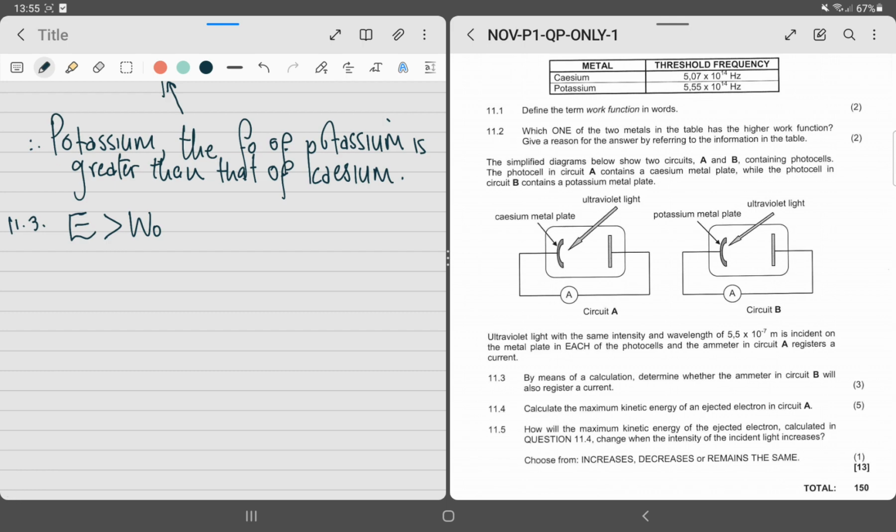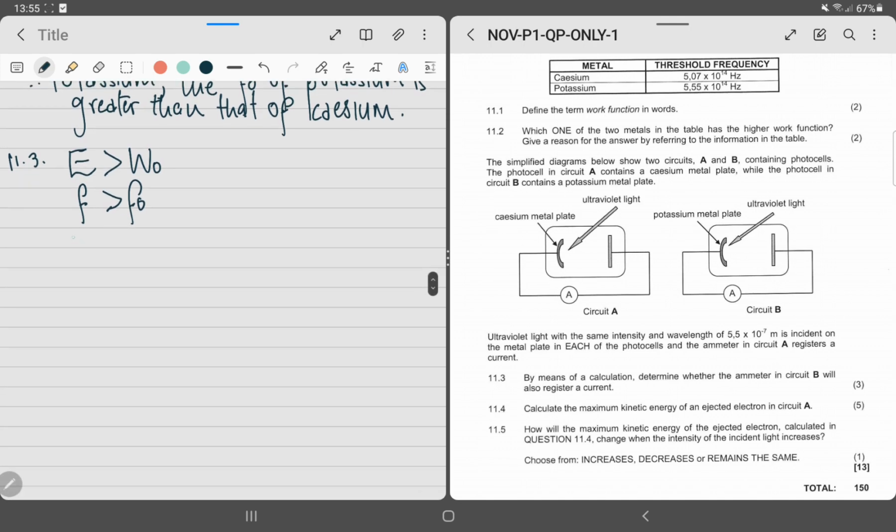So if we calculate the frequency of the incident light and find that it is greater than the threshold frequency of potassium, then there will be a registration in the ammeter.